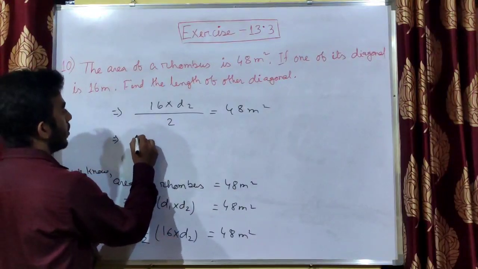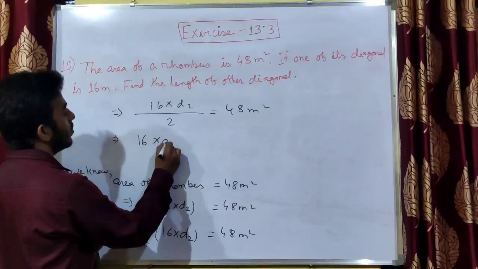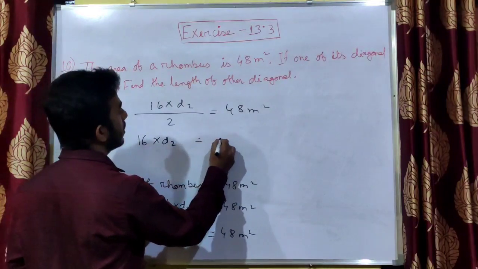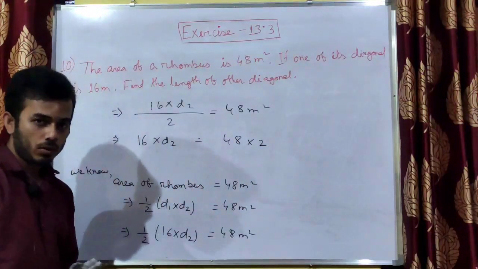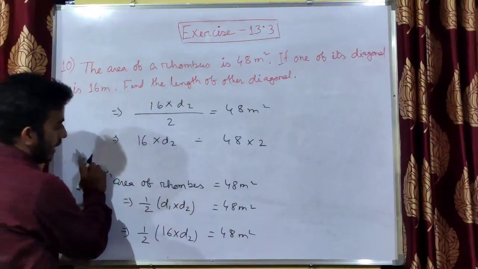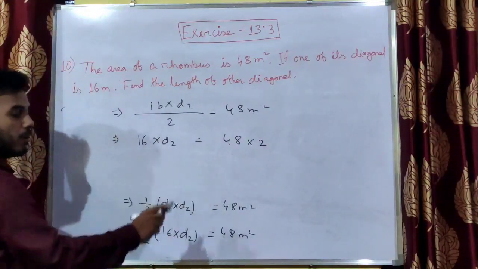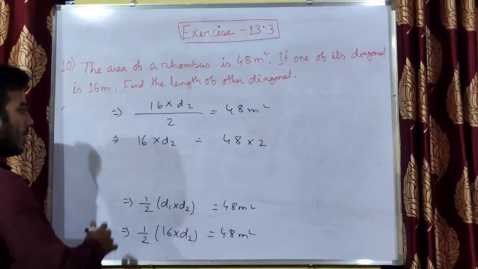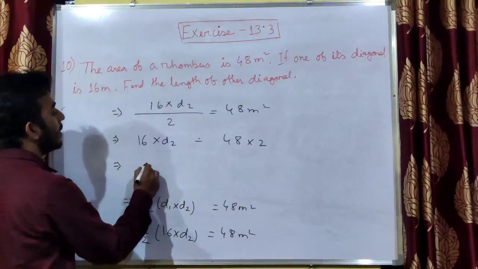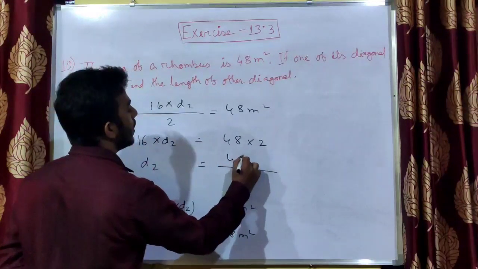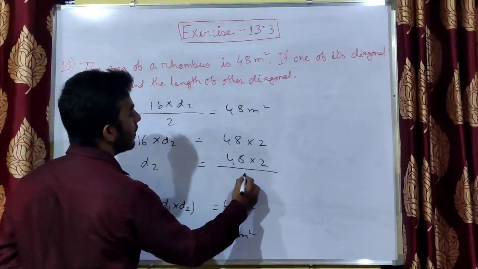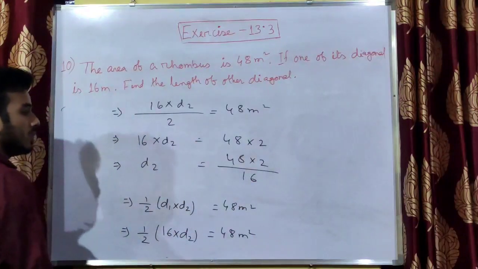So the equation will be like this: 16 into D2 equals 48 into 2, right. Now, here 16 is multiplied with D2. So when we change the side, it will get divided. So D2 equals 48 into 2 divided by 16.